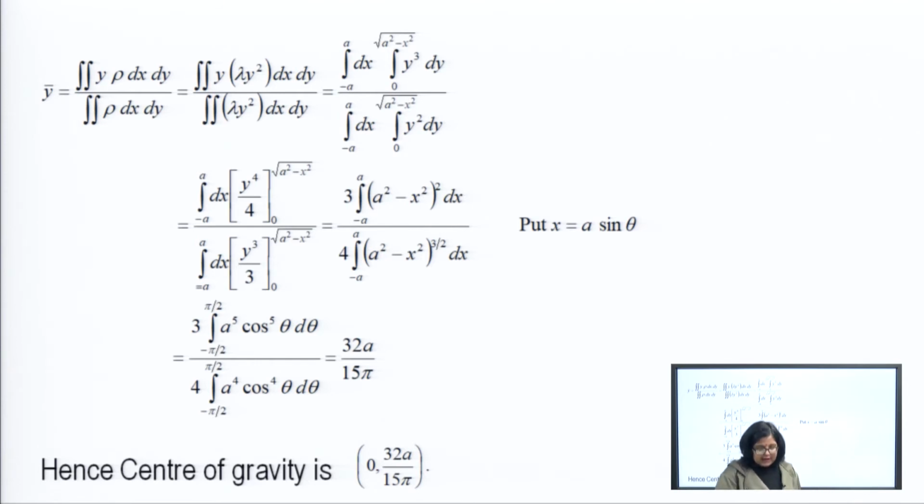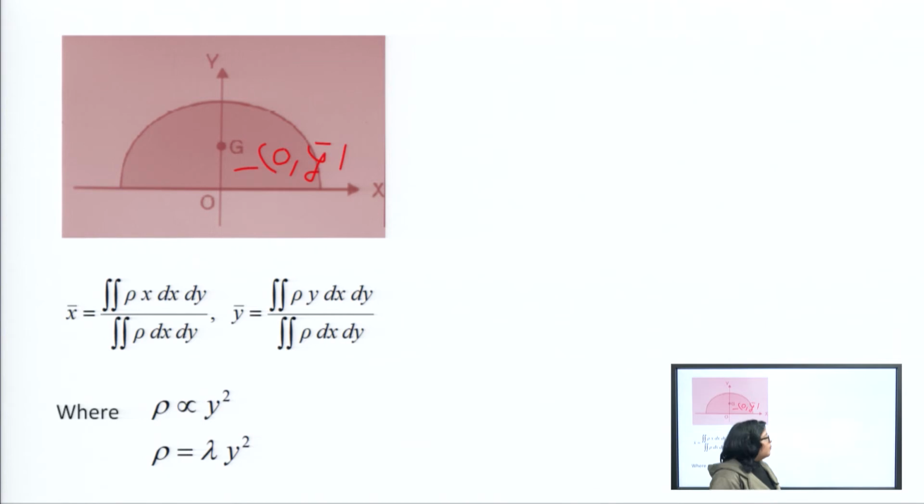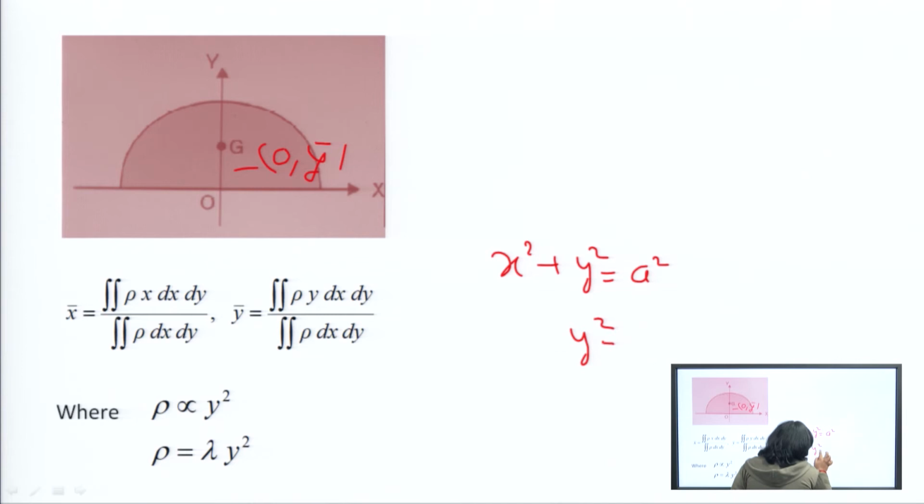We go to the figure again. The circle formula is x square plus y square is equal to a square. So y square is equal to a square minus x square, y is equal to plus minus under root a square minus x square.